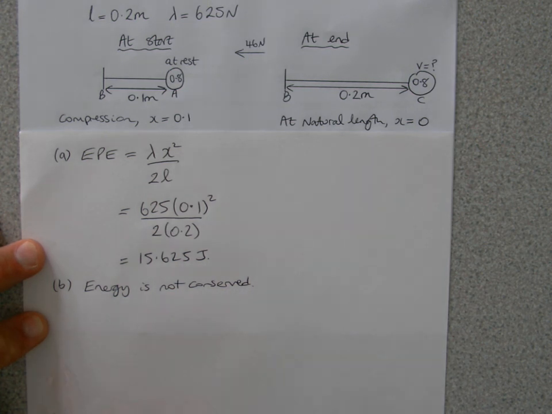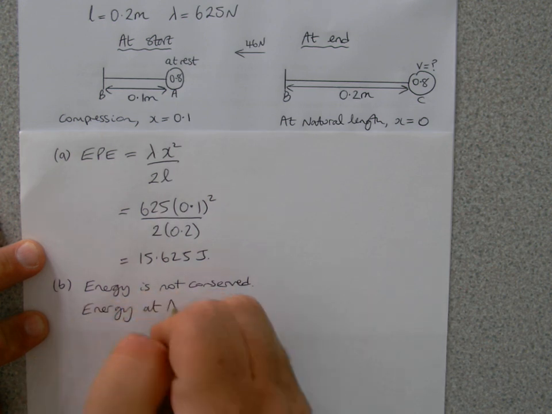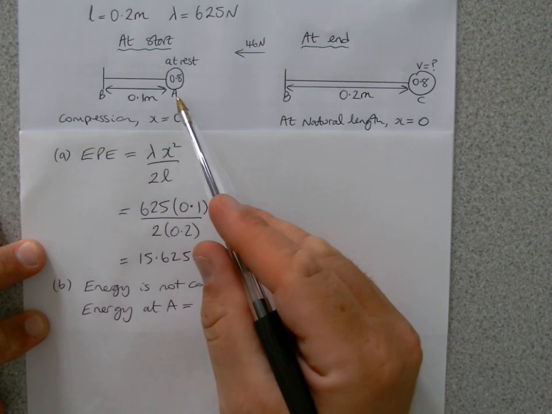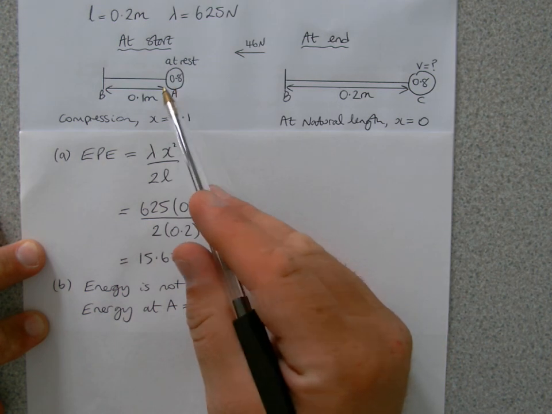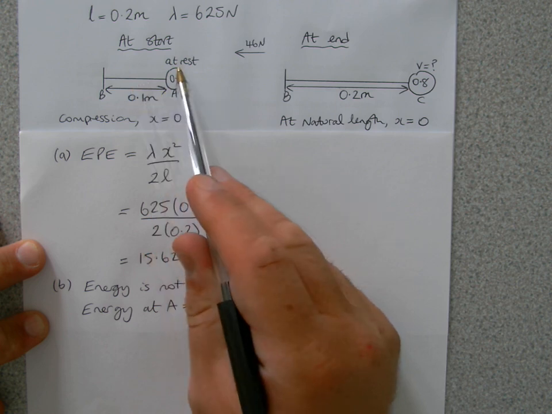So what we'll do is use the work energy principle, so that we can equate them. Let's consider the energy to start with, the energy at A. At A, the only energy there is the energy stored up in the spring, the elastic potential energy. It's got no movement because it's at rest.